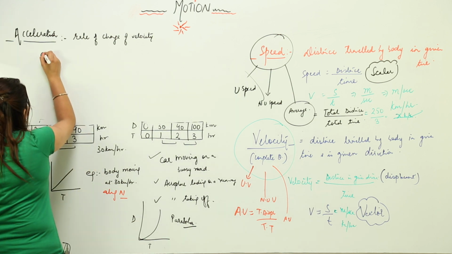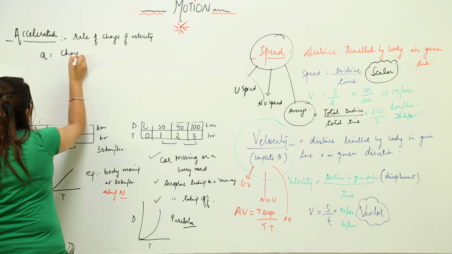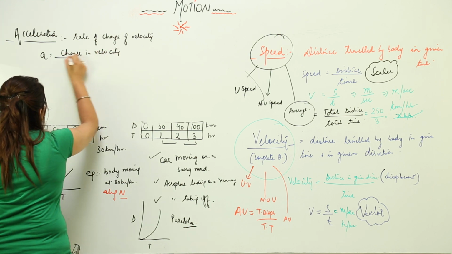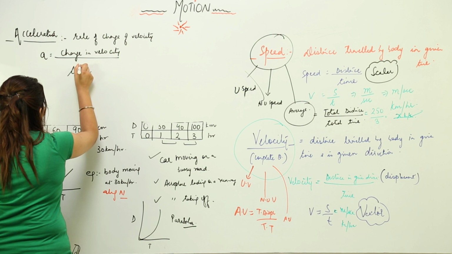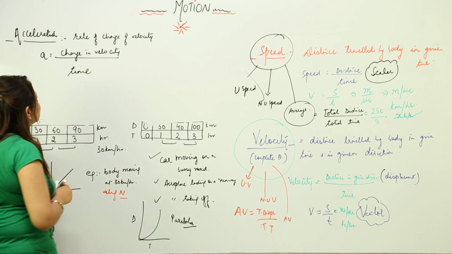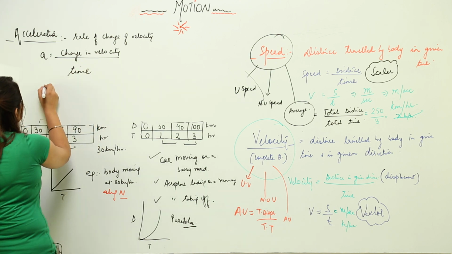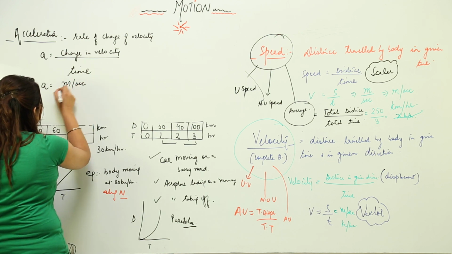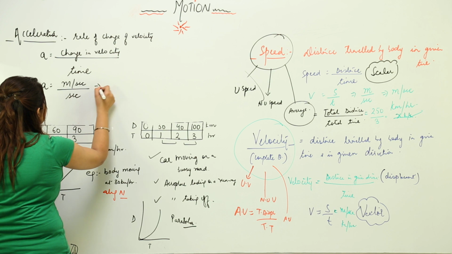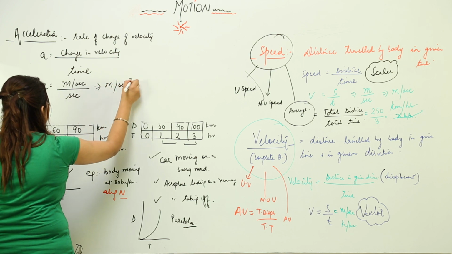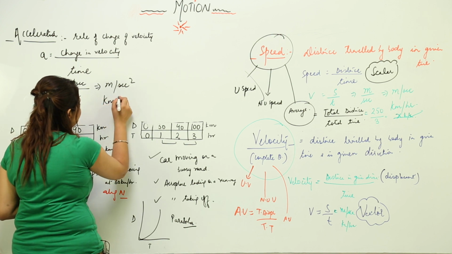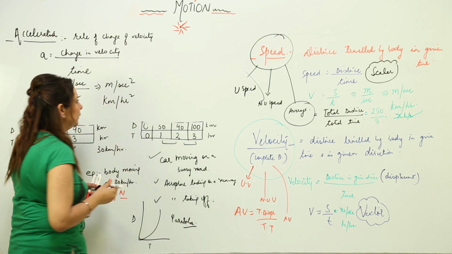So acceleration is denoted by a, it is change in velocity, rate means divided by time. Here the unit of change in velocity is meter per second and the unit of time is second, so it comes out to be meter per second square, and as a bigger unit it comes out to be kilometer per hour square.